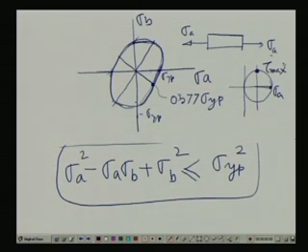Now, if it is tau max, then this value is sigma A by 2.